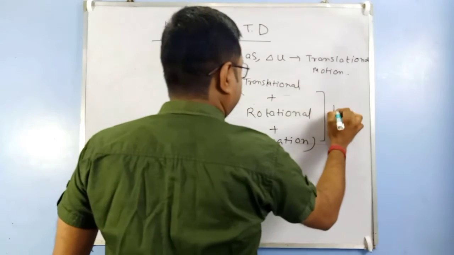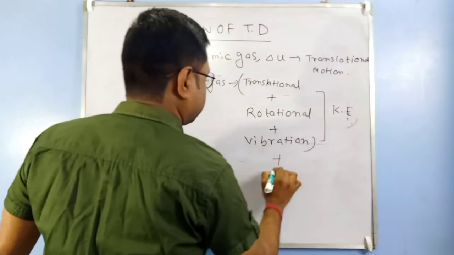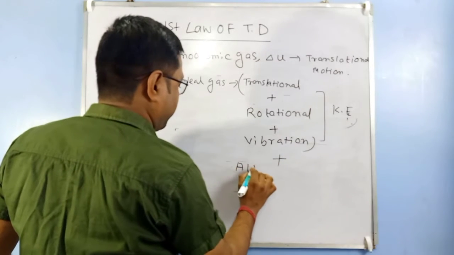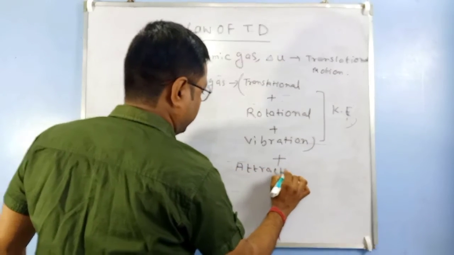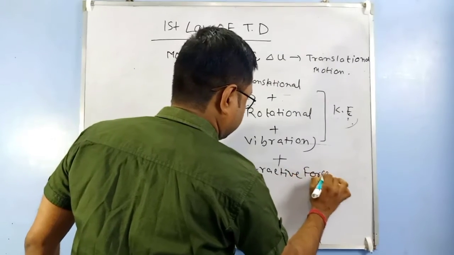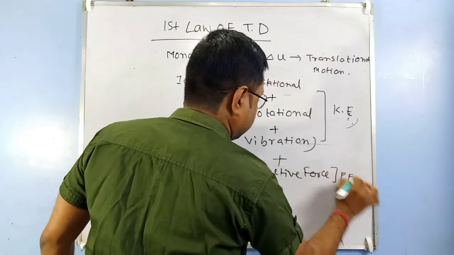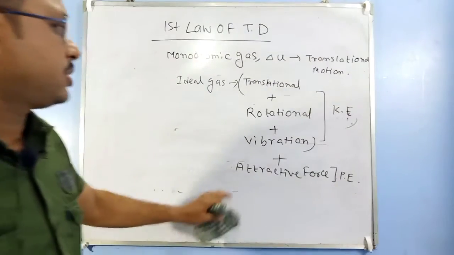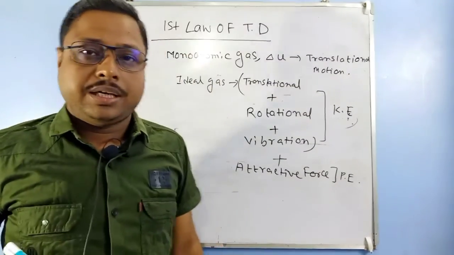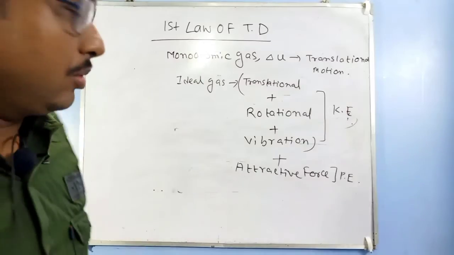These three types form the kinetic energy, plus the attractive force between the molecules, which is nothing but potential energy. That is, the sum of kinetic energy plus potential energy is equal to the internal energy of a gas molecule.